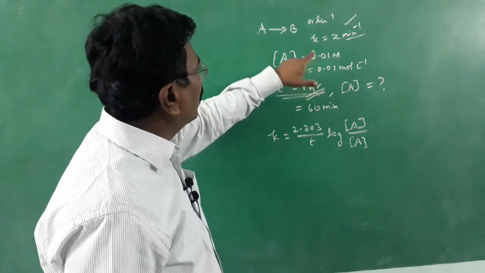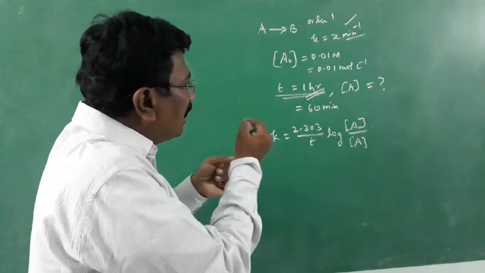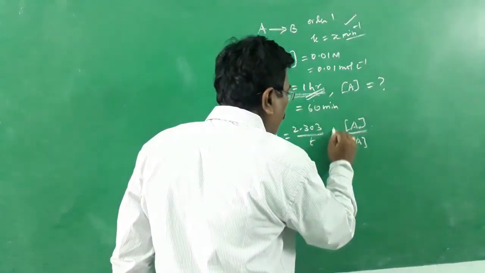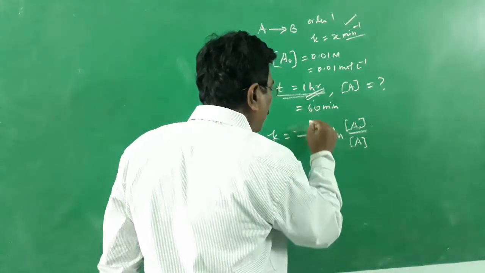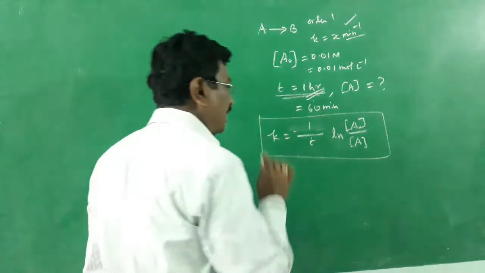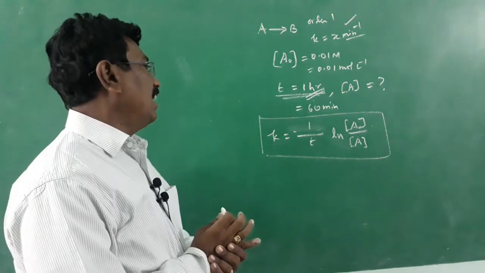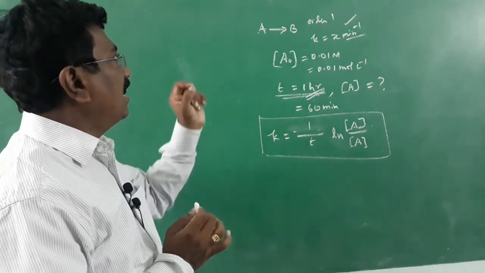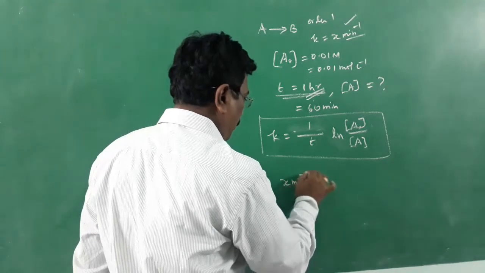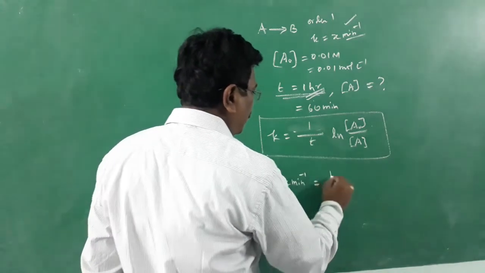We need natural logarithm because we are finding the answer in the form of e power. Therefore, this may be ln and 2.303 is not needed. So K is equal to 1 by t ln A naught by A. K is given, what is it? x minute inverse. And what is t? 60 minutes.